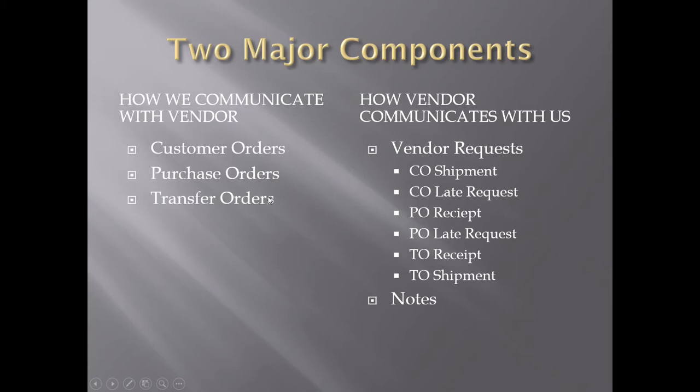We create a transfer order, they respond with a transfer order shipment or transfer order receipt request. So each one of these main modules has a corresponding vendor request that can be associated with it inside the vendor portal. And that's the method primarily used for our supplier communicating back to us with what we've communicated to them.